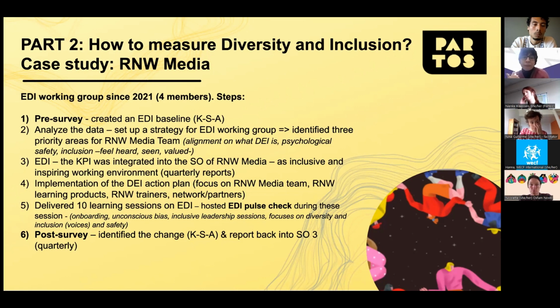And a good practice that works very well is an inclusive onboarding session, where we invite the new employees, and the DEI working group does an onboarding session on safety and inclusion. One activity that we do is asking, what do you need to feel included? And people answer.